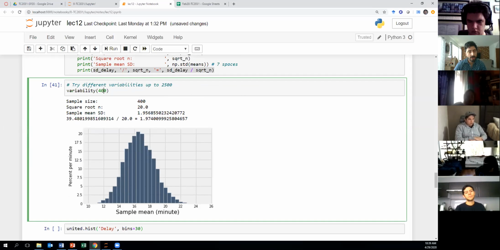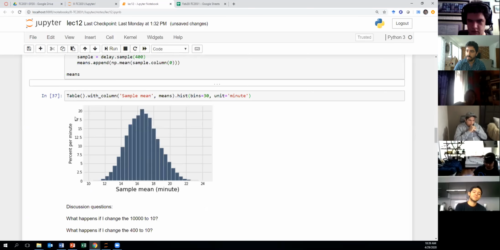So my sample size is 400. The square root of 400 is 20. My sample mean standard deviation is 1.95. That's the standard deviation of this distribution. And this is the standard deviation of my original population.